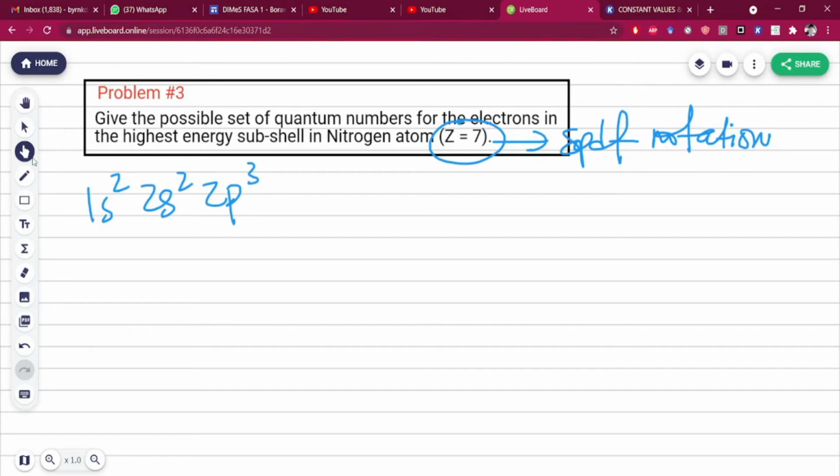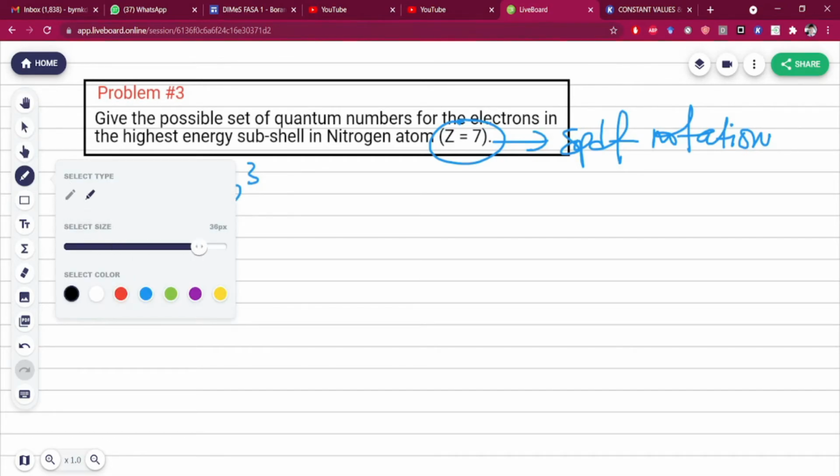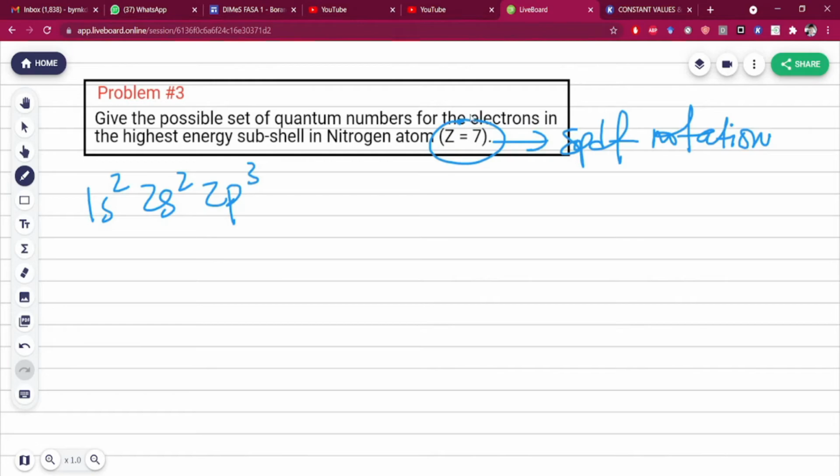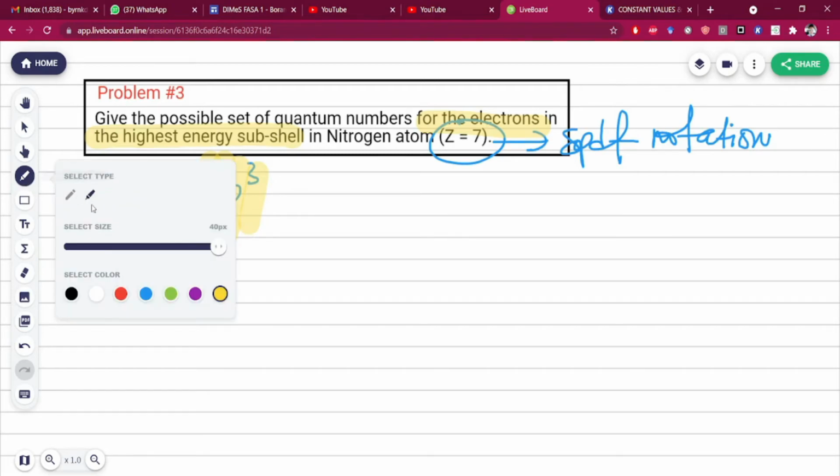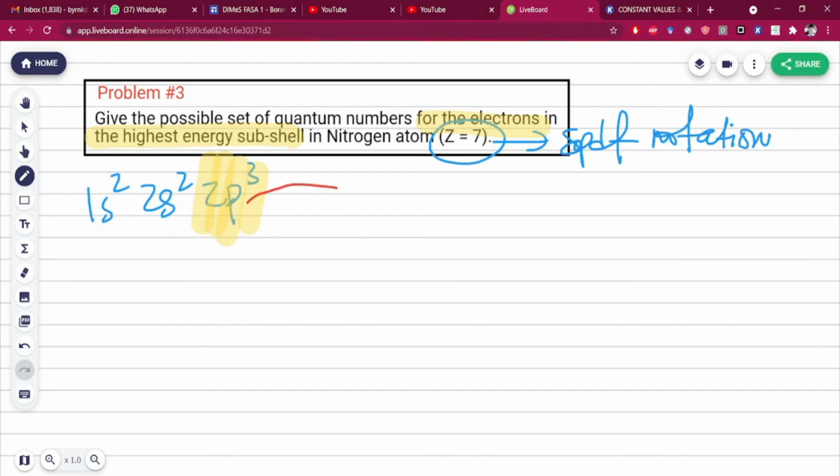So the electrons in the highest energy subshell. The highest energy subshell is this, 2p.